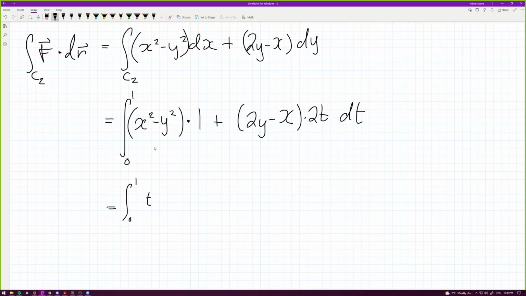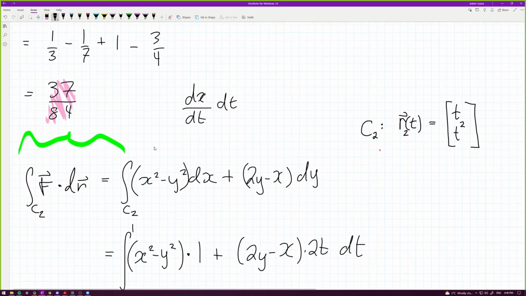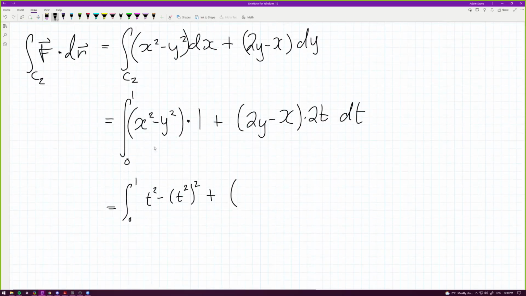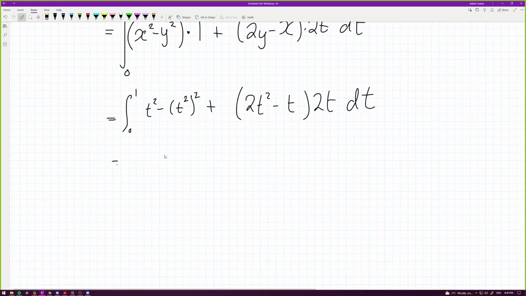So that's going to be t squared minus t cubed. It's going to be very similar. Sorry, not t cubed, t squared squared, plus, so our parameterization is t squared for this one. So it's not exactly the same as the last one. So (2t squared minus t) times 2t dt.